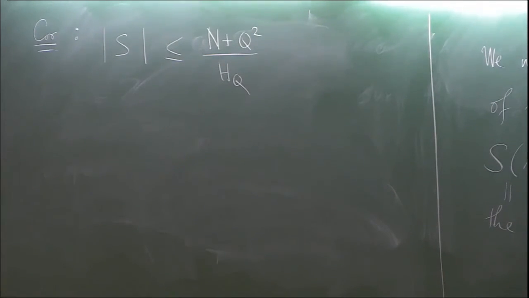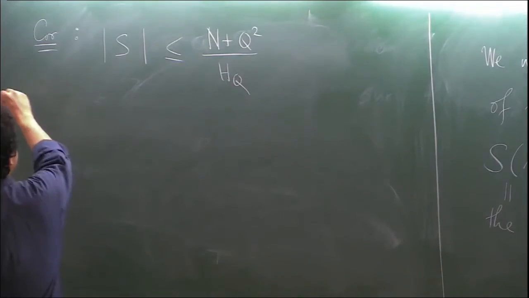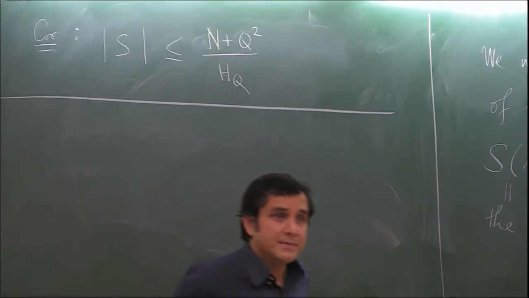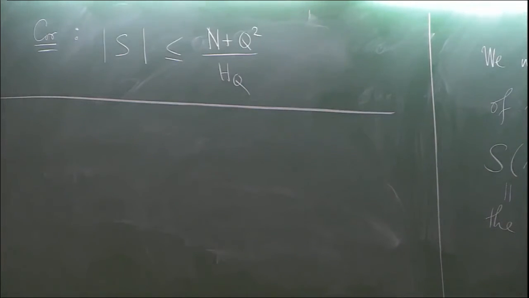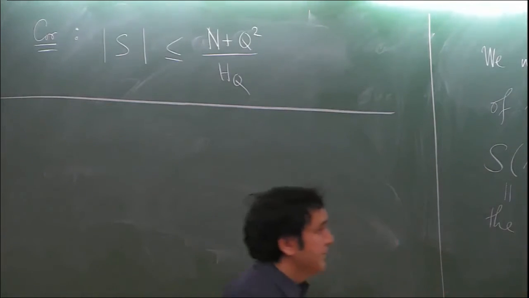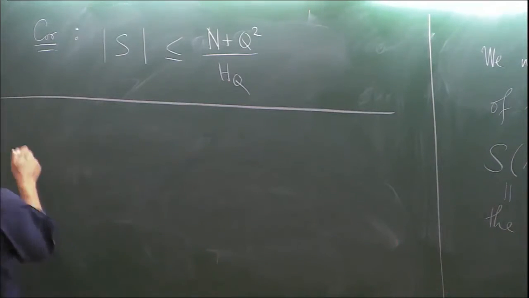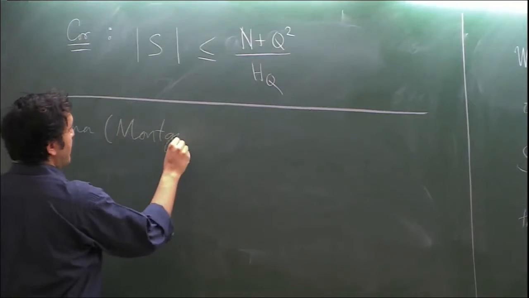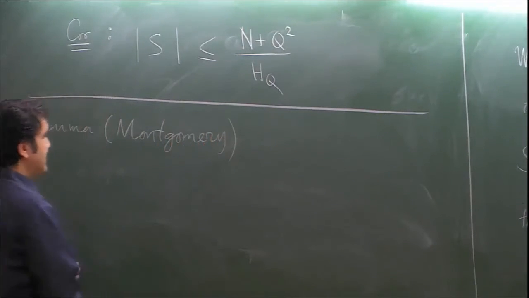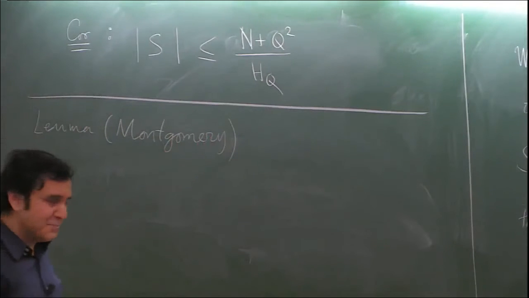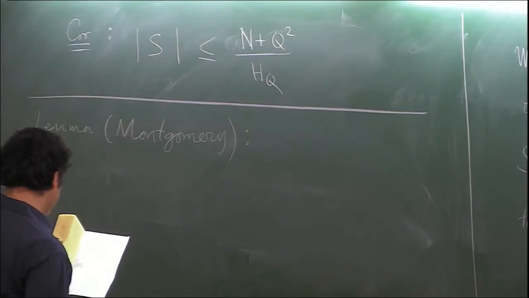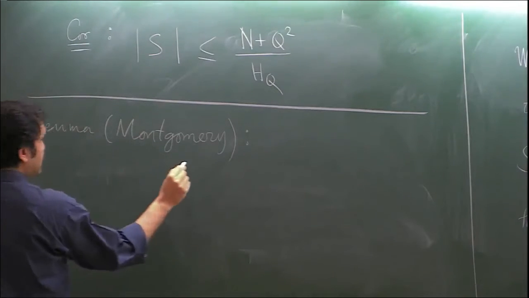Okay, so first let's state a lemma that will immediately imply this theorem. Is the statement clear? Okay, so the lemma is due to Montgomery, and Terence Tao calls it Montgomery's uncertainty principle. So this says that with the same notation, I'll have two statements.